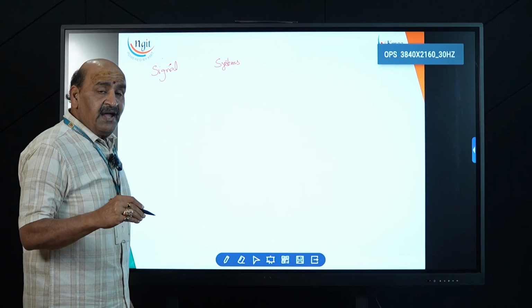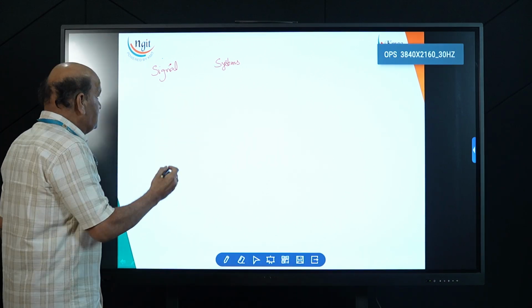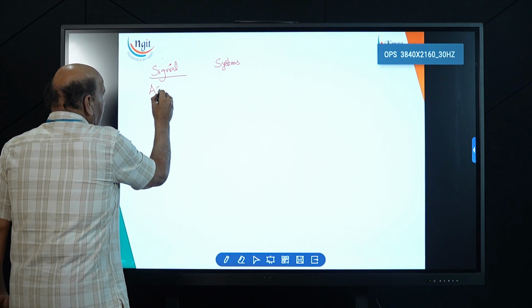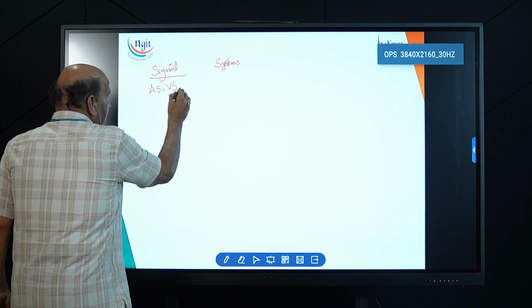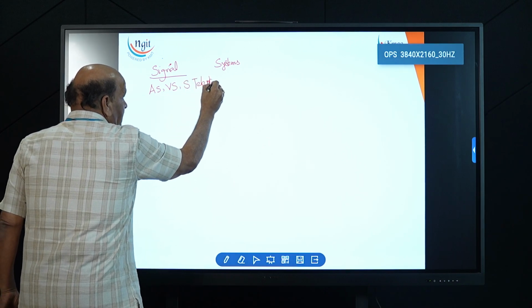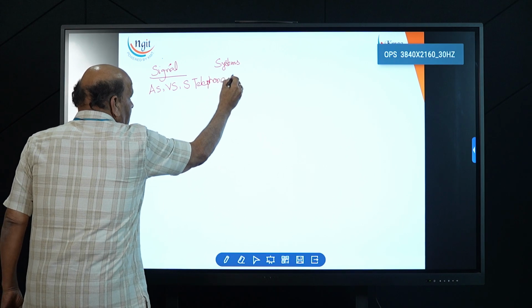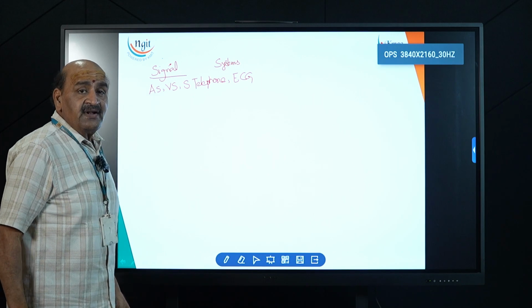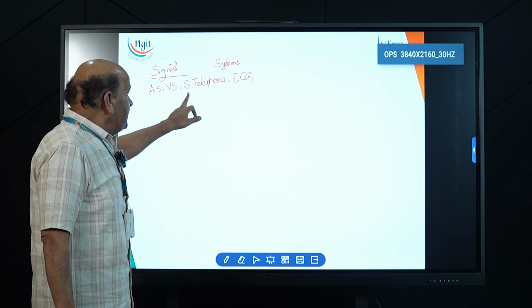A signal can be anything. For example, we have learnt about audio signals, video signals and signals on telephone cables. Similarly, our heart graph, the ECG, also contains signals, etc.